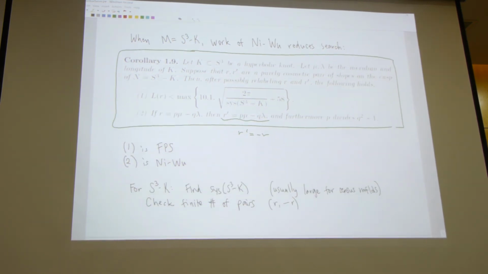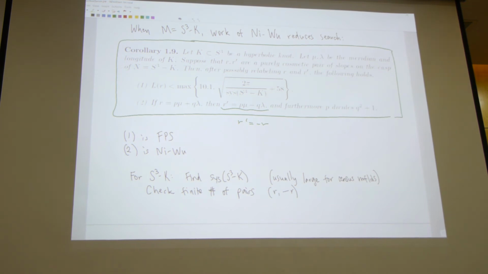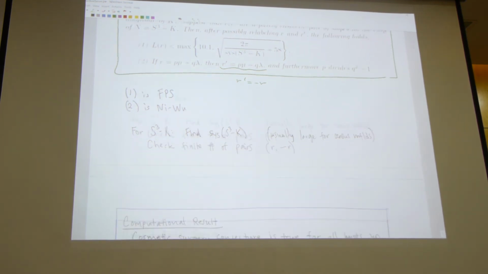So for a knot in S3, all you have to do is find the systole, which you can do using SnapPea. Usually it's pretty large, and then you need to check a finite number of pairs, R and negative R, to see if you get a counterexample to the cosmetic surgery conjecture using this theorem. And so we did this.